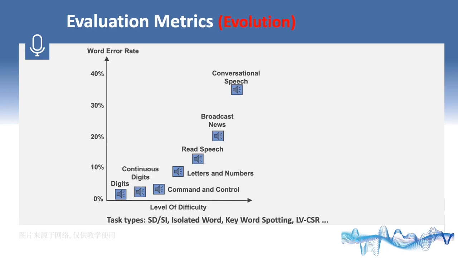From the view of evaluation metrics like word error rate, we can see the evolution of speech recognition systems. The recognition task becomes more difficult when the vocabulary in the system is larger, from single speaker digits to continuous digits, command and control, letters and numbers, and many more words.